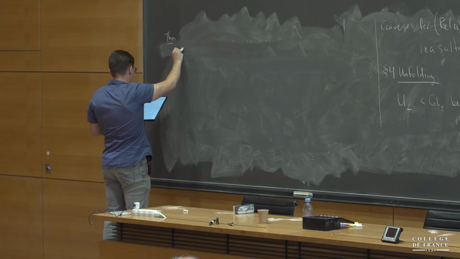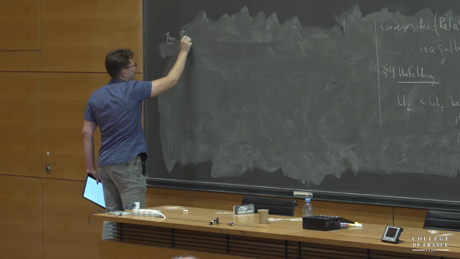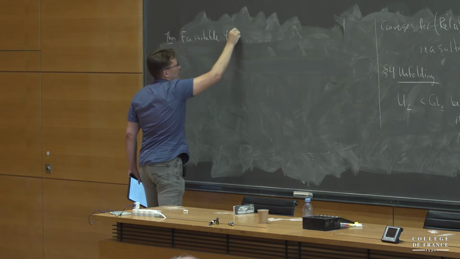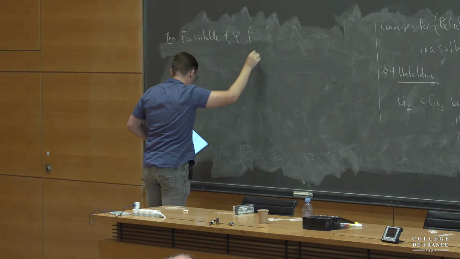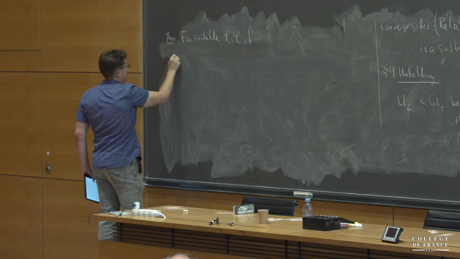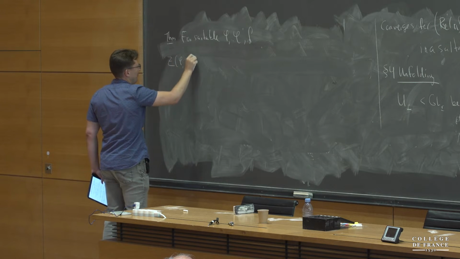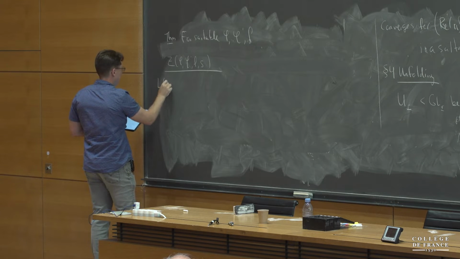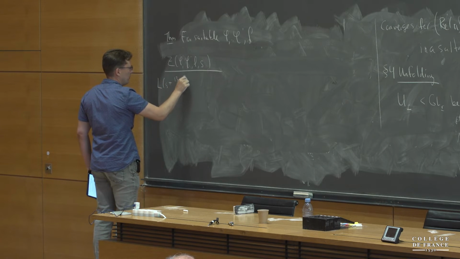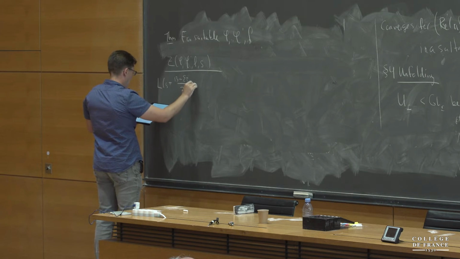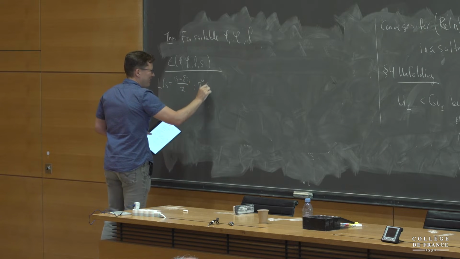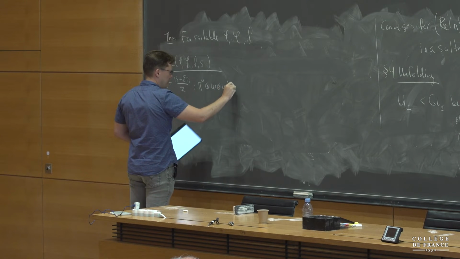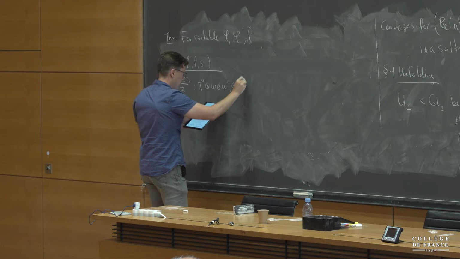So here's the theorem. For suitable choices of phi prime f, you have that Z phi prime f of s divided by L of s plus 13 plus some r i. And I'll define these terms in a moment.